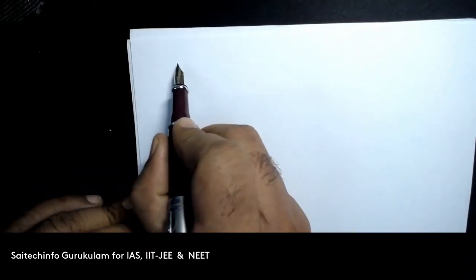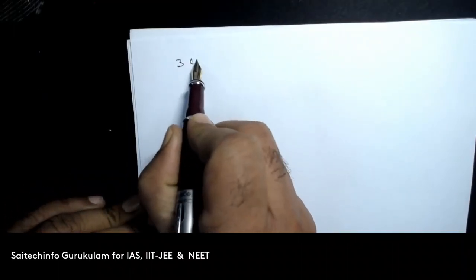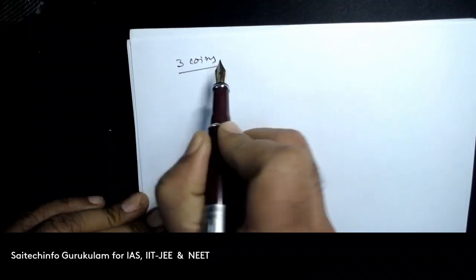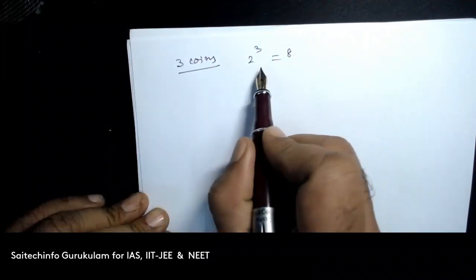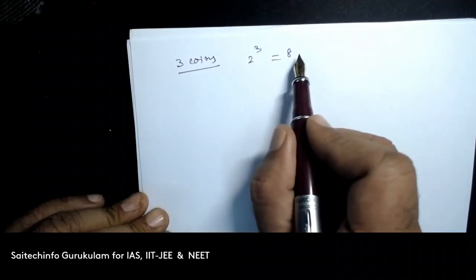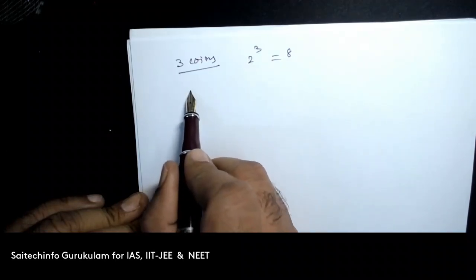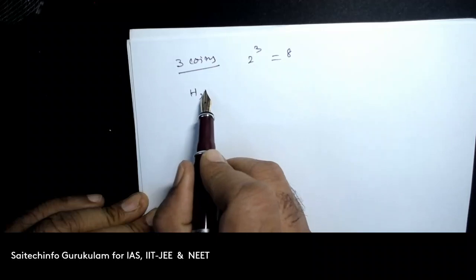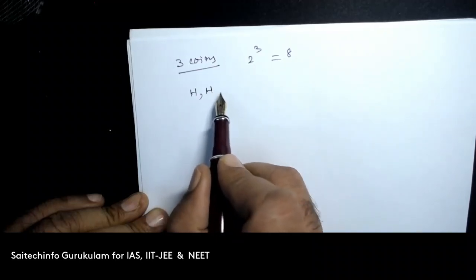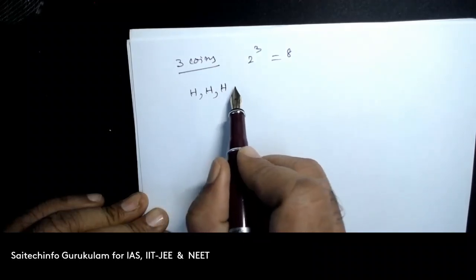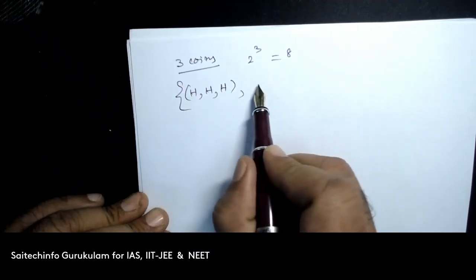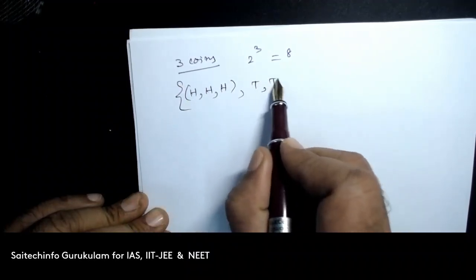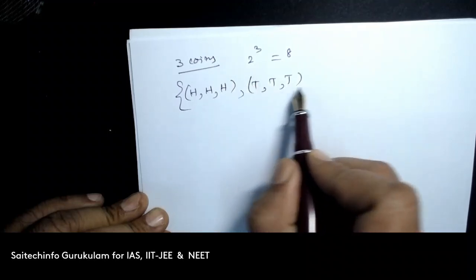Suppose it is 3 coins, so 2 power 3 is equal to 8, meaning 3 coins together. It means the first coin head, the second coin also head, the third coin also head, like this. Another set is tail, tail, tail.